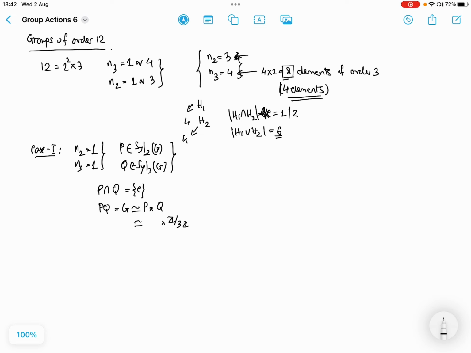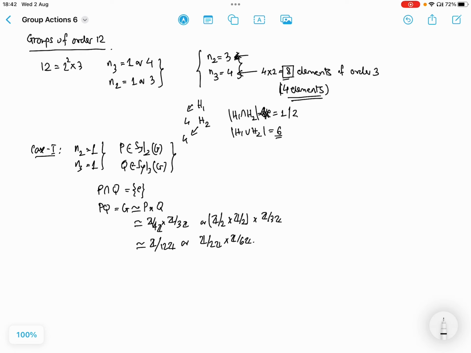Either it is cyclic, which is Z modulo 4Z, or it is the direct product of Z2 with itself. So you get these two possibilities. The first, by the Chinese remainder theorem, is isomorphic to Z modulo 12Z, and the second, by the Chinese remainder theorem, is Z modulo 2Z direct product Z modulo 6Z.